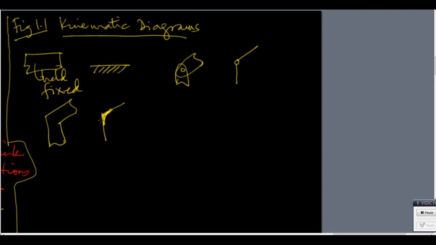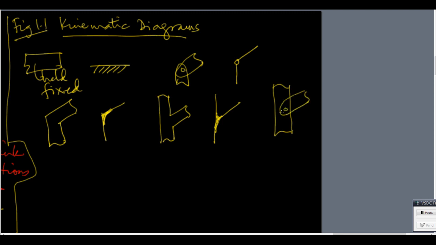If this continues and still has this fixed angle, then we will show it like this. Okay, see the book. If this one has a revolute joint with this one, then we may show it like this.